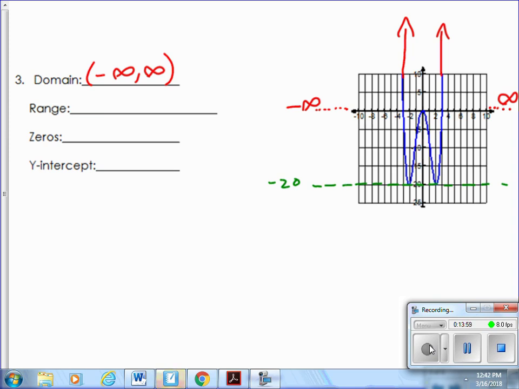So the lowest it's going to go is at -20. That means my range begins at -20. So my range is going to go starting from the bottom, -20. All the way, okay, so then I just trace it up and see, where does it stop going up? My range never stops going up. And if it doesn't have an absolute highest point, then we just say it goes to positive infinity.